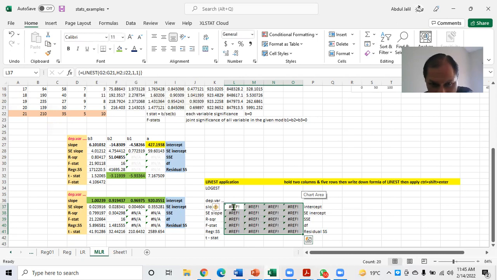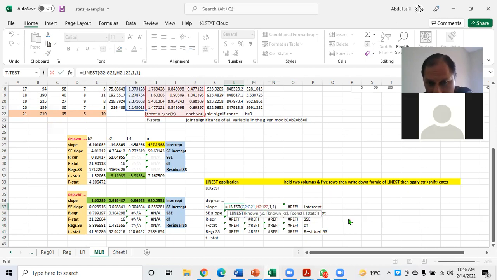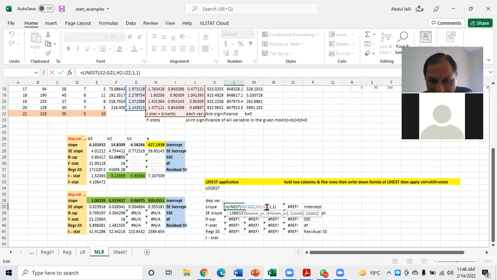Okay, results are not correct. What happens? Line estimation, this one. The t-stat also got selected. Okay. Right, I'm just going to select it again. Yes, you are right.